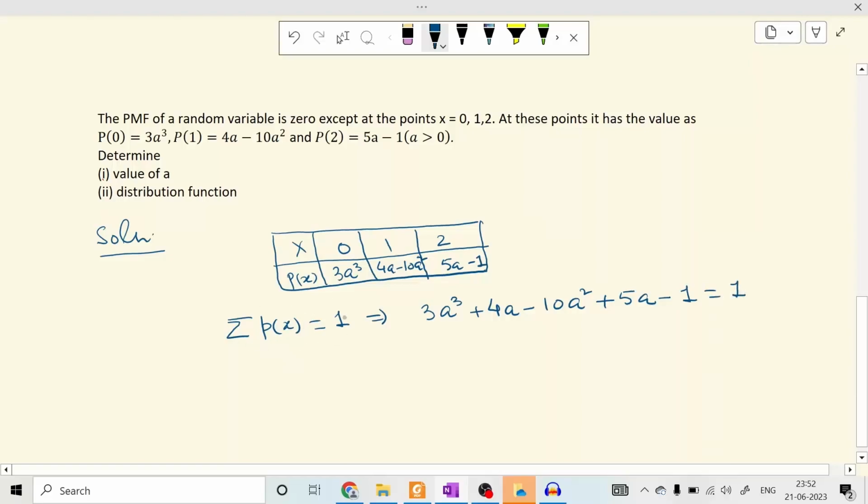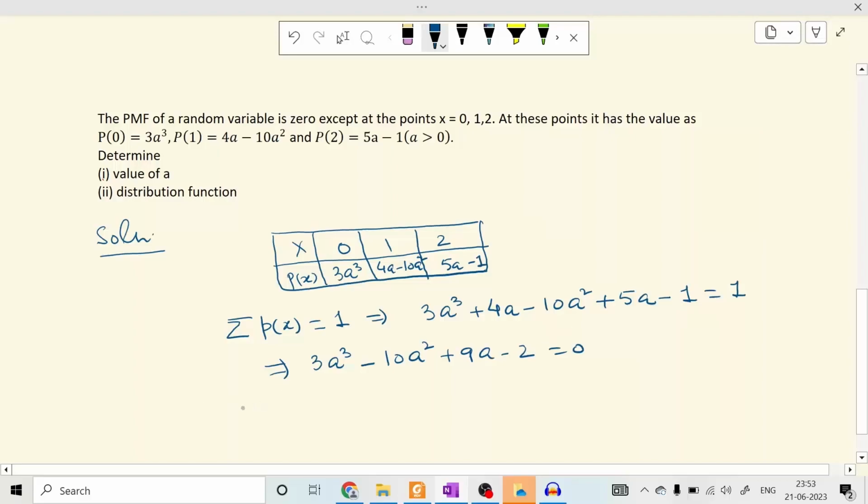We are using the property that when you add all the probabilities available for the given values of a discrete random variable, the sum should be 1. So this gives you a cubic equation in terms of a, which is 3a cube minus 10a square plus 9a minus 2 equals 0, where the 1 is transferred to the left hand side, giving minus 2.